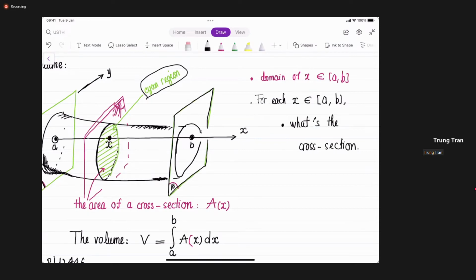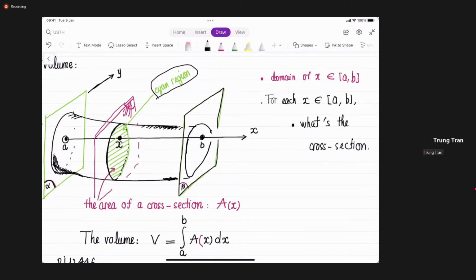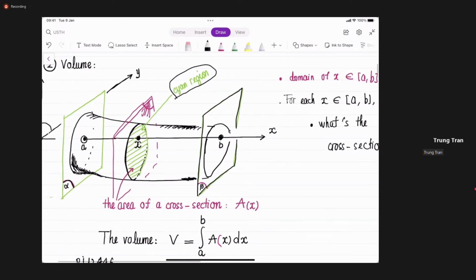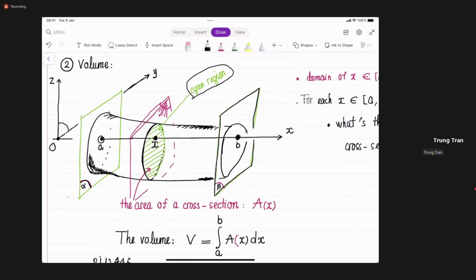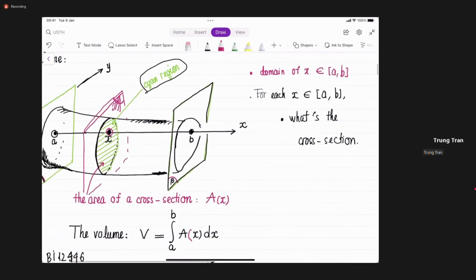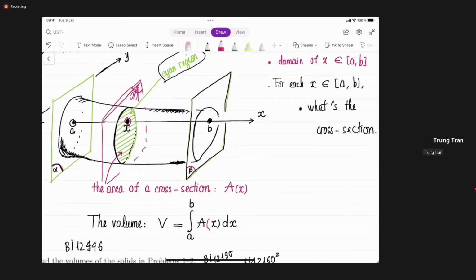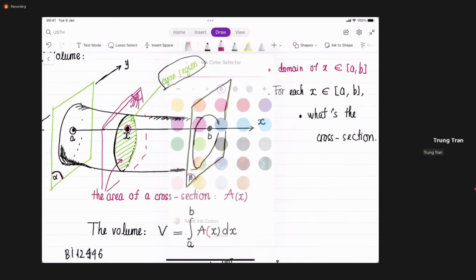The cross section here means the intersection of the plane that is perpendicular to the x-axis and meets the x-axis at a point with the x coordinate exactly x. The cross section is drawn in cyan color, as you see in the picture here.